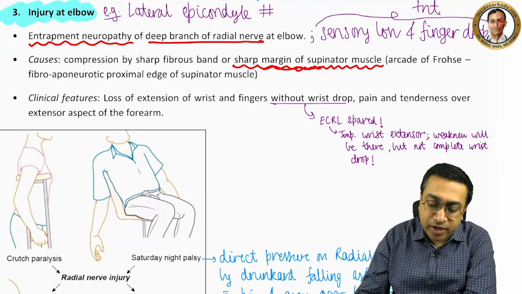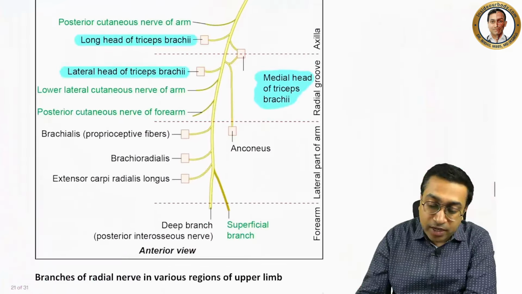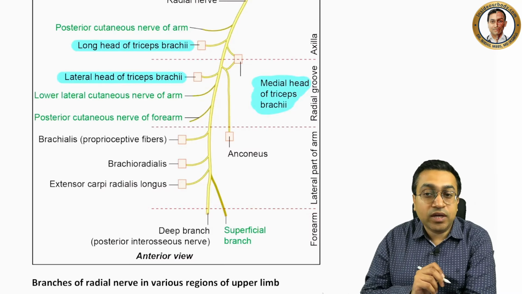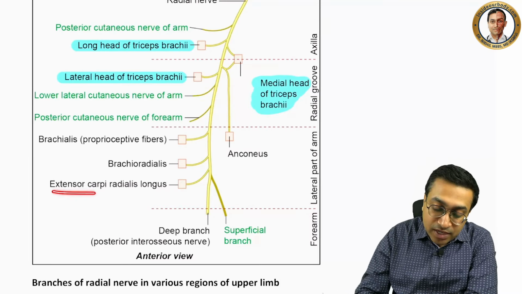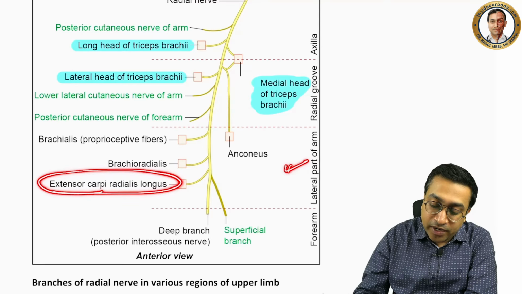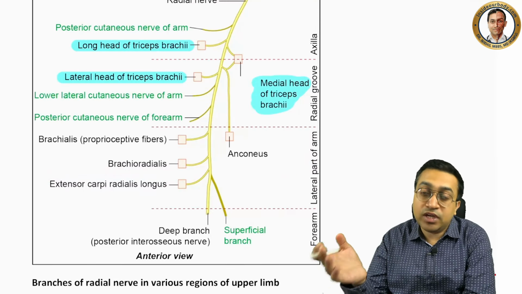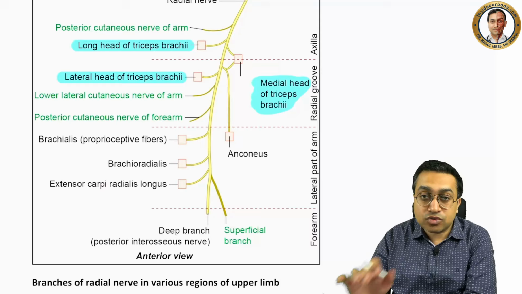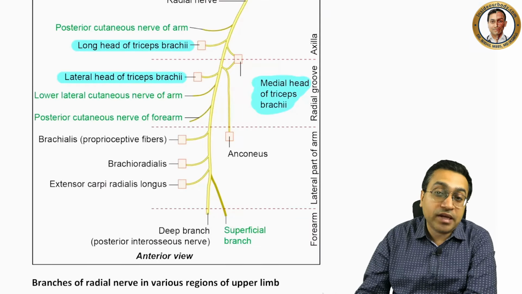How come it is spared? We are talking about the injury at the elbow. See, injury at the elbow would be somewhere here, at this level in this diagram. So ECRL is already being supplied in the lateral part of the arm. So you can imagine this muscle is spared, so there will not be any wrist drop.